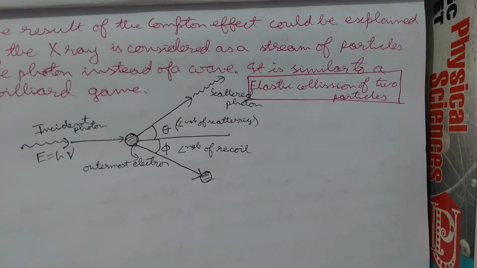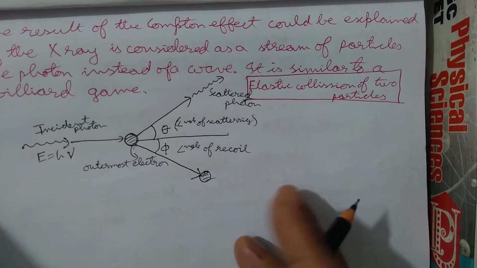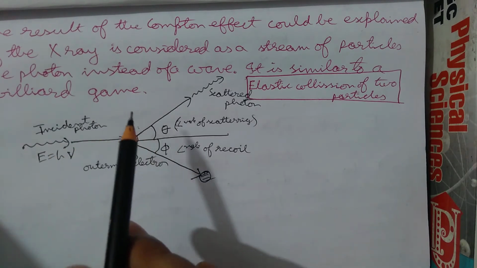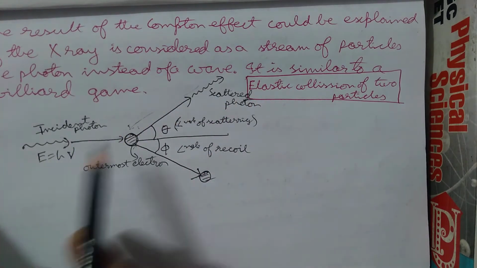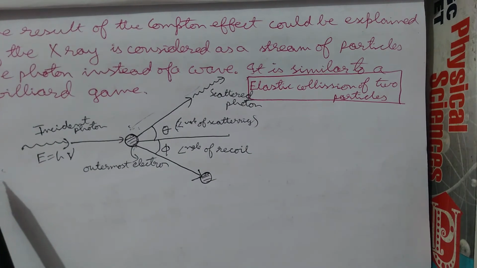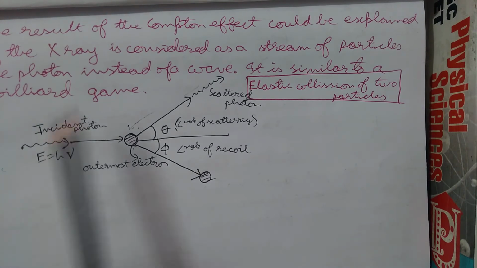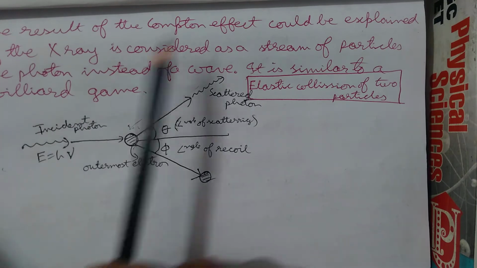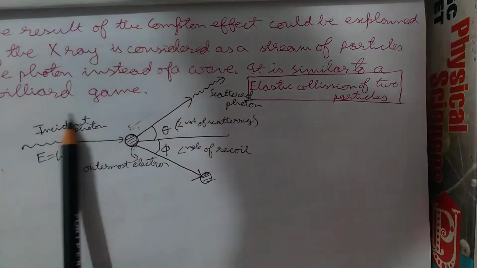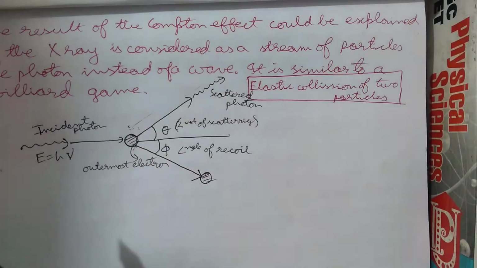Now if you consider it as a particle, then you can explain this. When there is a collision between particles, definitely the energy of the scattered particle will be lesser than that of the incident particle. Like the collision between two persons: suppose you're playing football and you are running very fast, but then another player commits a foul, so when there is a collision, your energy decreases.